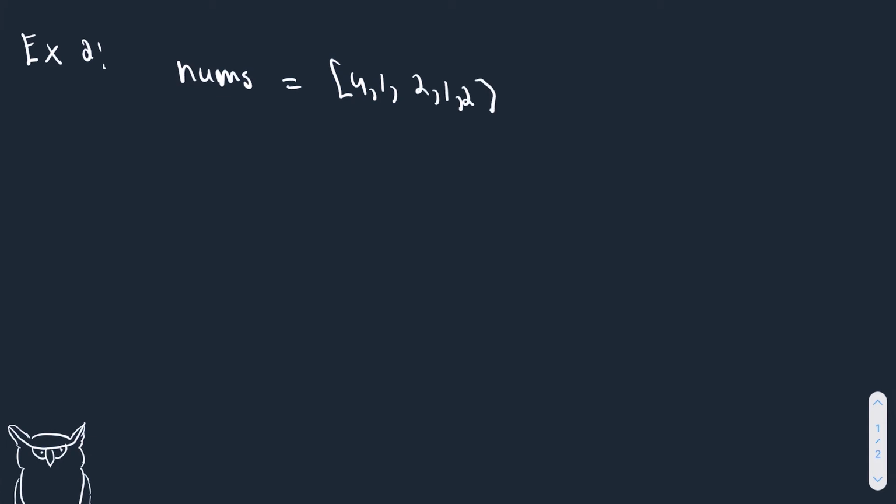is sorting. Essentially, we're going to use example 2 to illustrate the point. So the nums array is equal to 4, 1, 2, 1, 2, and then after a sort, 1, 1, 2, 2, 4.